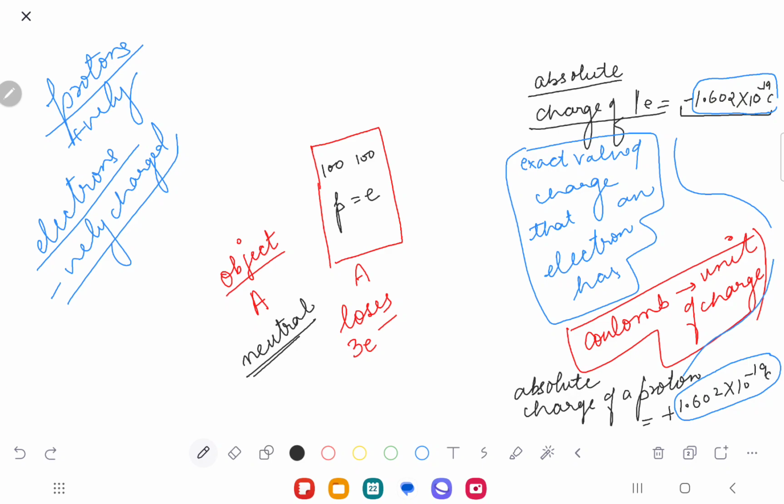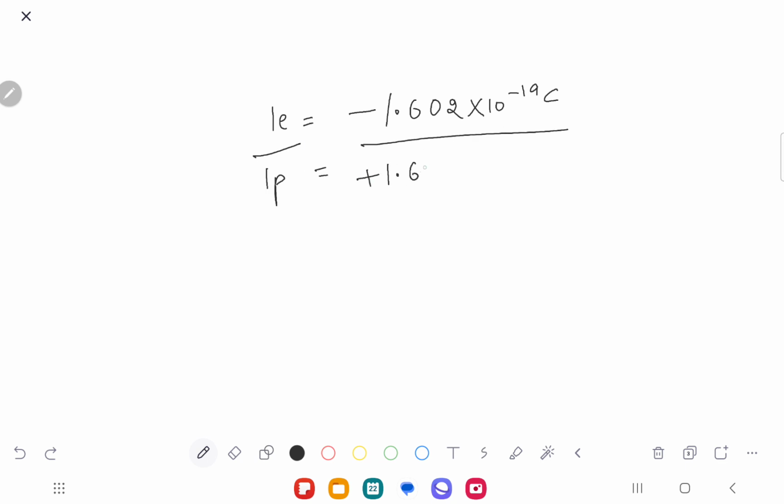When we are talking about the electrons and the protons, understand that we are talking about the absolute charges. The charge of one electron is minus 1.602 into 10 raised to minus 19 coulomb, over the charge of one proton, which is plus 1.602 into 10 raised to minus 19 coulomb.